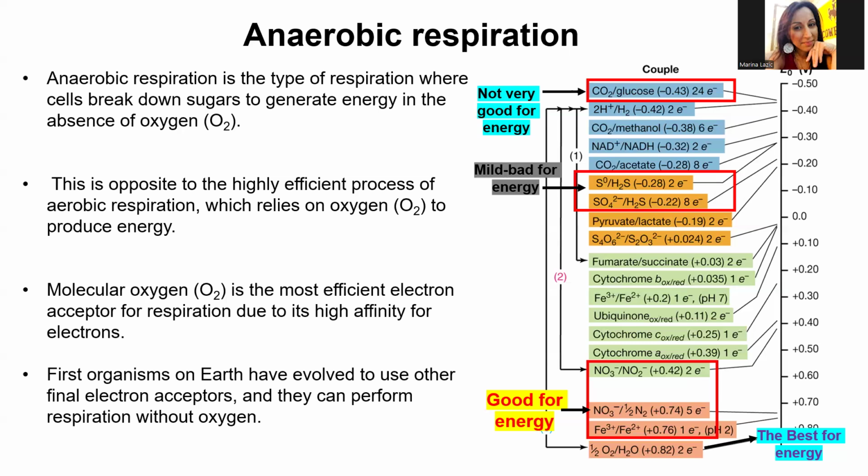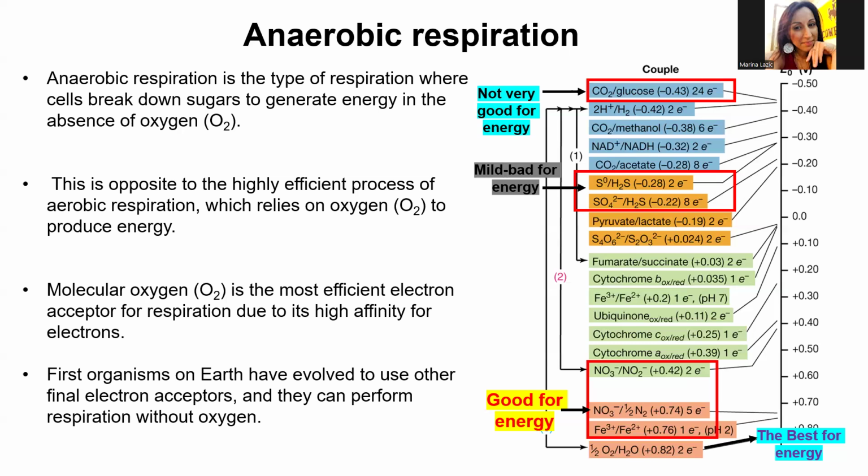Whatever is down on the Tower of Power has a higher affinity to accept electrons and to be a terminal electron acceptor. The best terminal electron acceptor is oxygen. Whatever is on the top is not a good electron acceptor, but it is a good donor, which is why you see glucose on the top. It has a lot of energy, full of electrons that can be taken from the molecule.